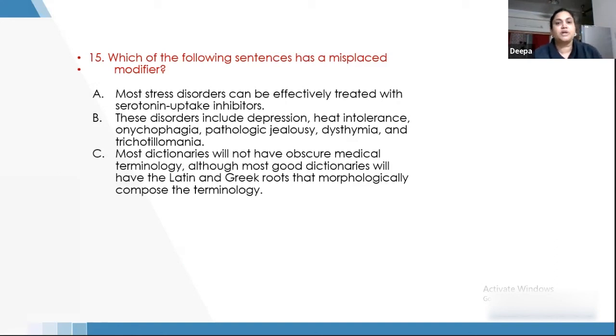Most dictionaries will not have obscure medical terminology, although most good dictionaries will have the Greek and Latin roots that morphologically compose the terminology. None of the above is the right answer for this question. Let's go to the 16th one.